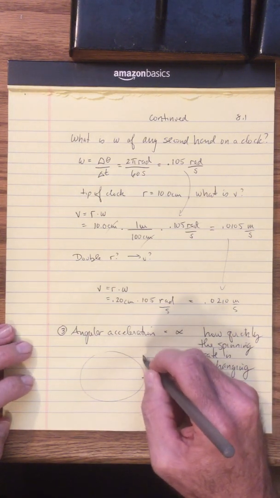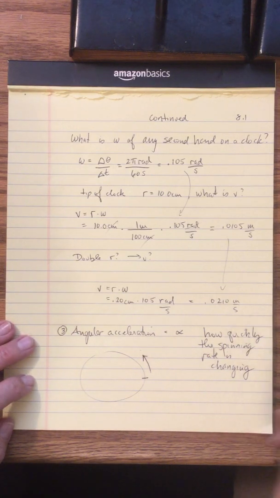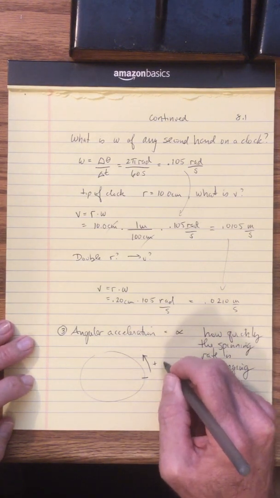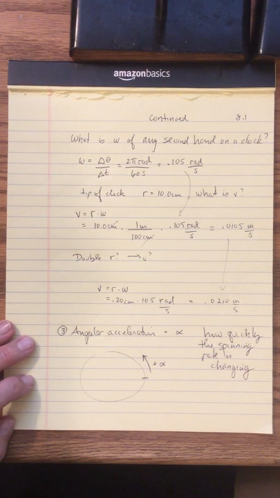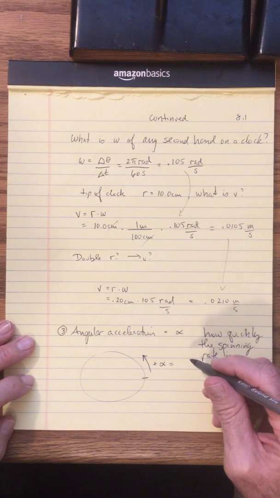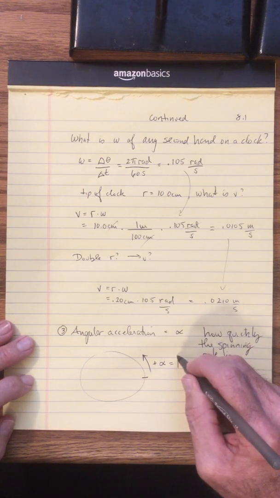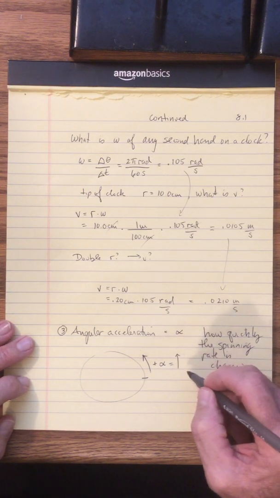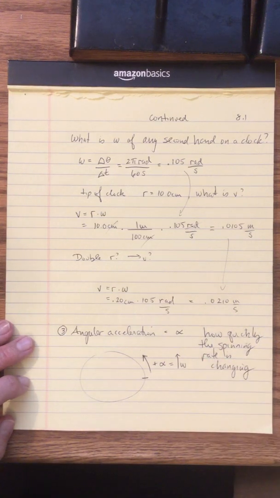If I am spinning in this direction and it's increasing in my spinning rate, I will have a positive angular acceleration. So that means I'm increasing my spinning rate.